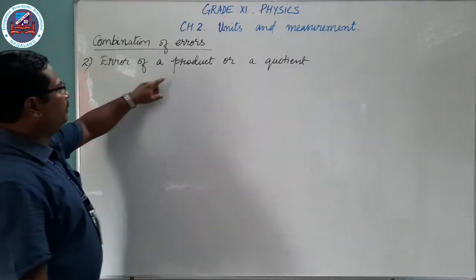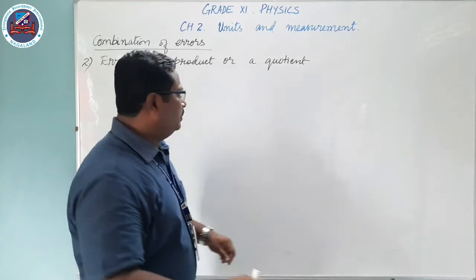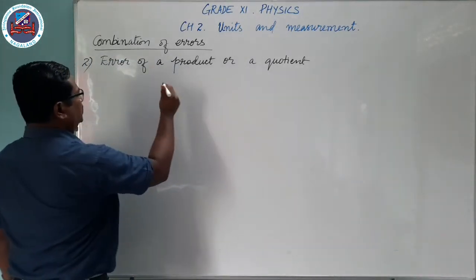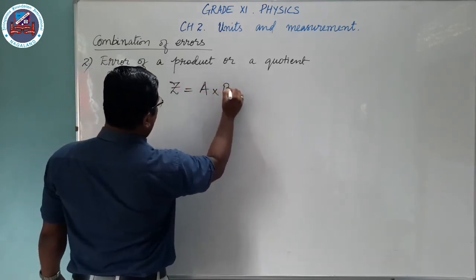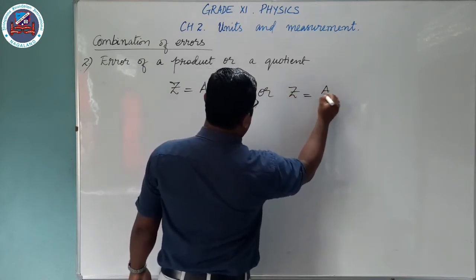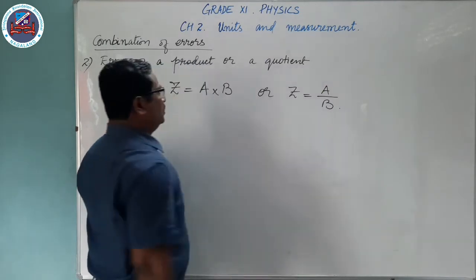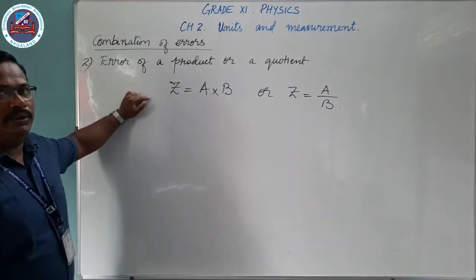Now let us see the second one, that is the error of a product or a quotient. When you are doing a product, multiplying, or dividing, suppose your value is like this: Z is equal to A into B, or Z is equal to A divided by B. This is for product, this is for quotient. Here what you have to do is find the relative error.